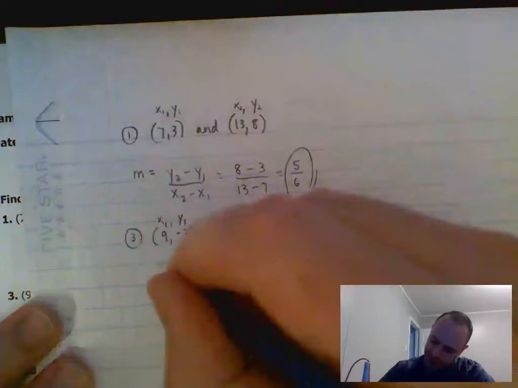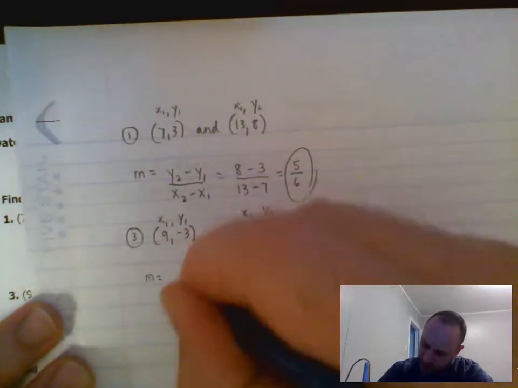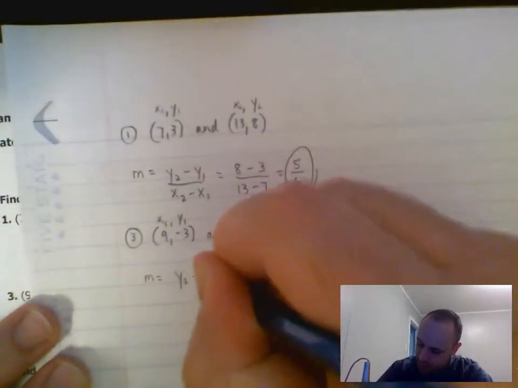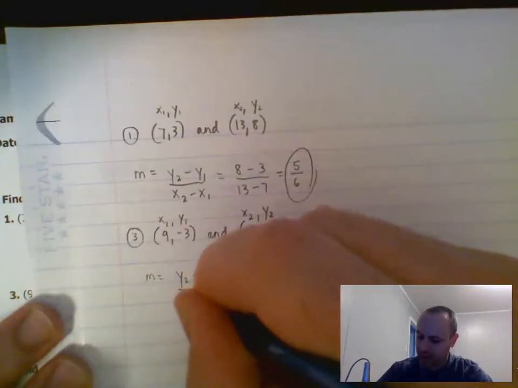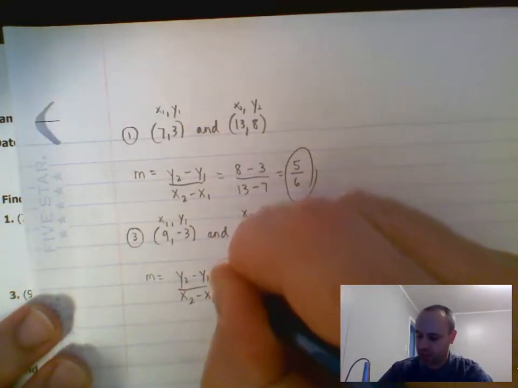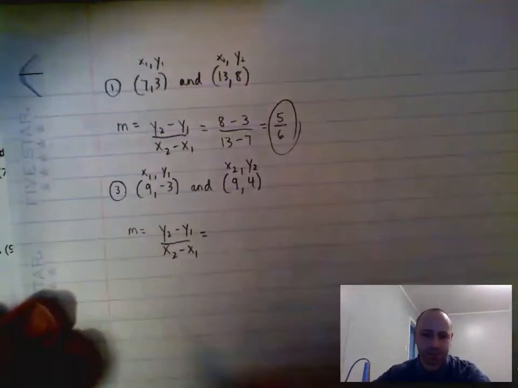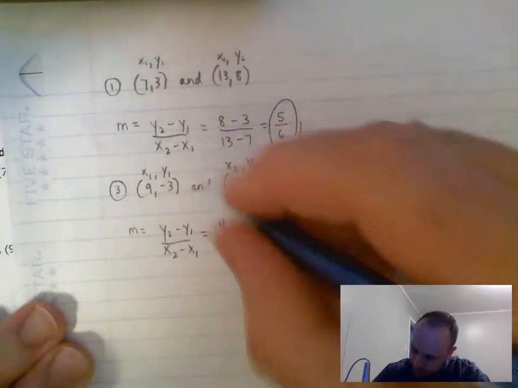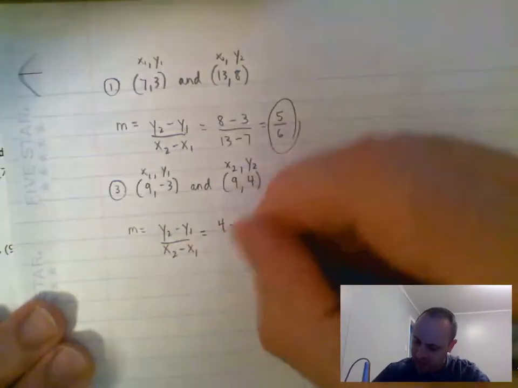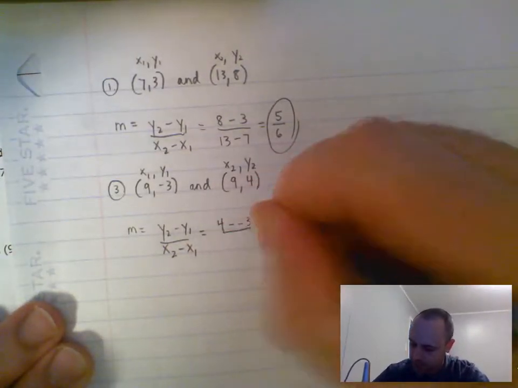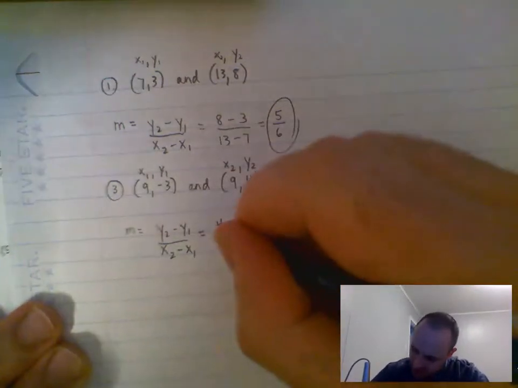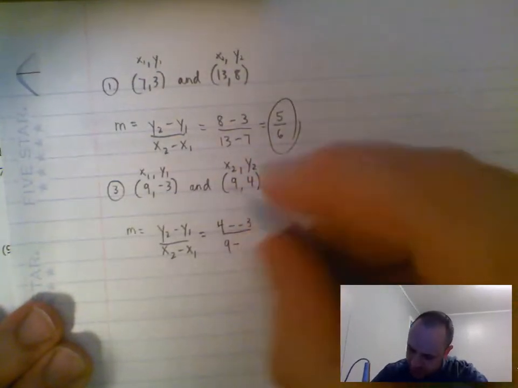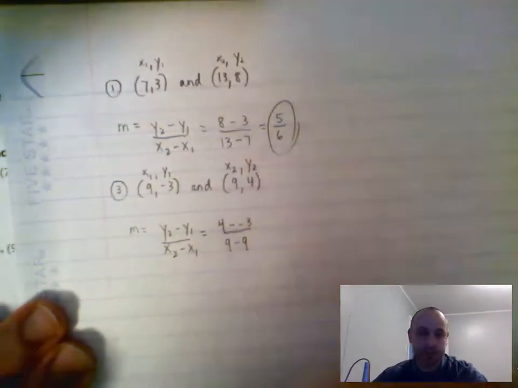So we'll write down our formula: m equals y2 minus y1 over x2 minus x1. That's one you're going to want to memorize for high school. y2 is 4, subtract y1 is negative 3. x2 is 9, subtract x1 is 9.